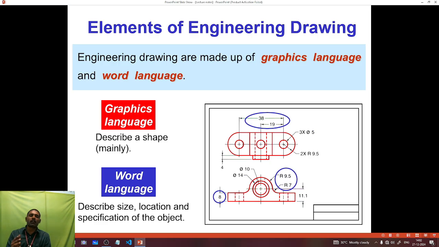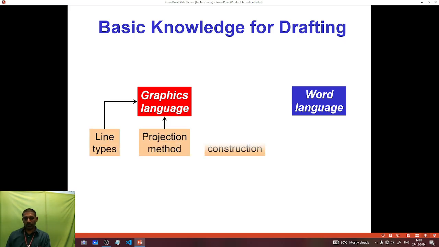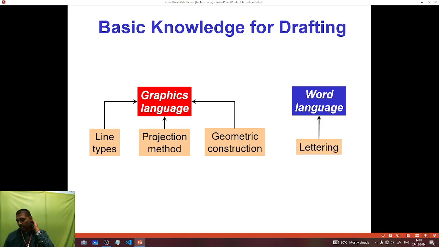Without graphic language and without word language, we can't proceed with the drawing. Next, the graphic language combines line types, projection methods, and geometric constructions. The word language combines with lettering alone.